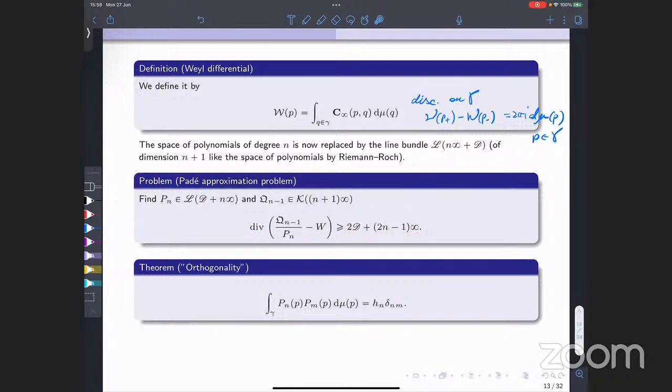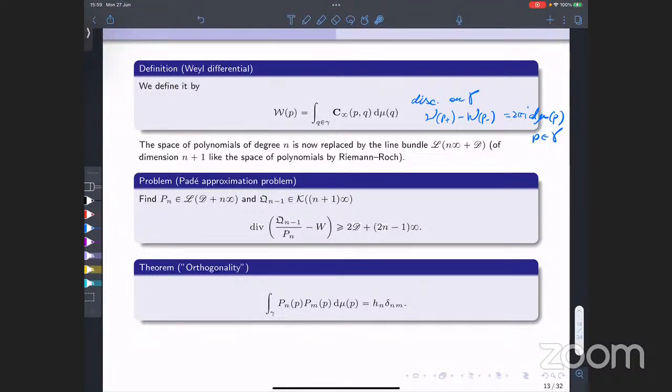So this is an algebraic geometric formulation of the standard condition of Padé approximations in genus 0. There is no such term. You can divide by dz, and you get the standard good old Padé approximation problem.